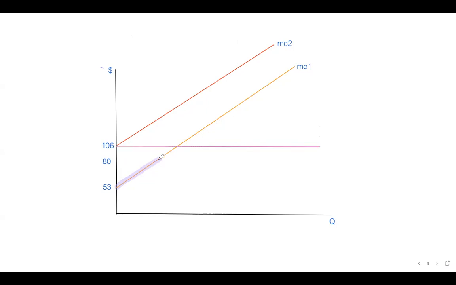So I'm saying, I'm going to continue to produce at my low cost factory, but then I'm going to hit this point where, guess what? Since my marginal cost is increasing for my low cost factory, as I produce more and more, see how the costs are going up?